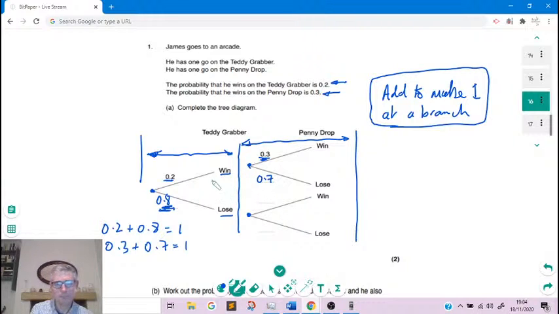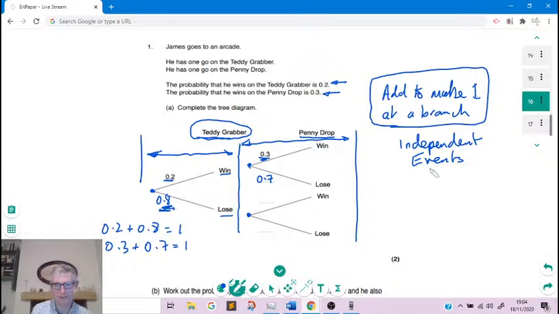Since what happens on the teddy grabber doesn't actually affect what happens on the penny drop, in other words, they are independent events. What that means is that whatever happens on the teddy grabber, win or lose, won't affect what happens on the penny drop.